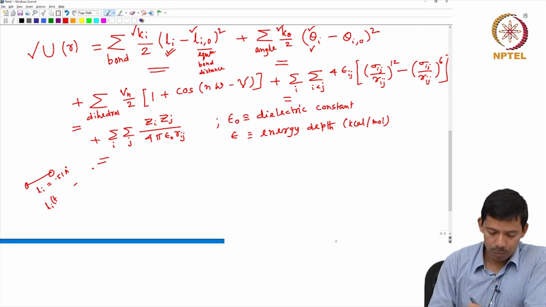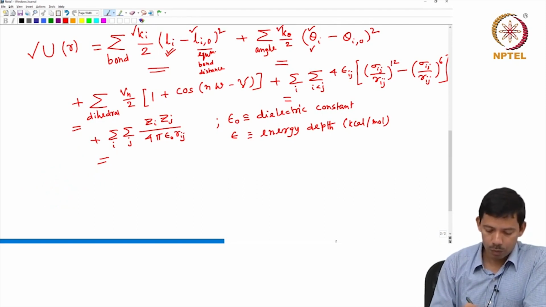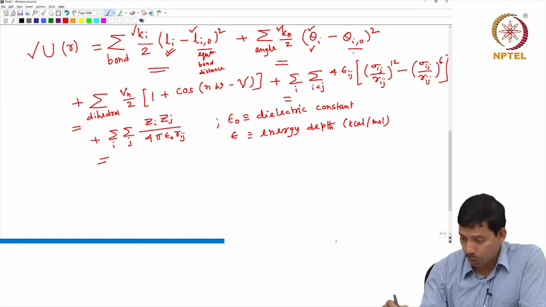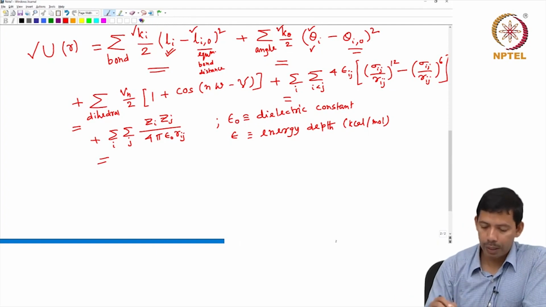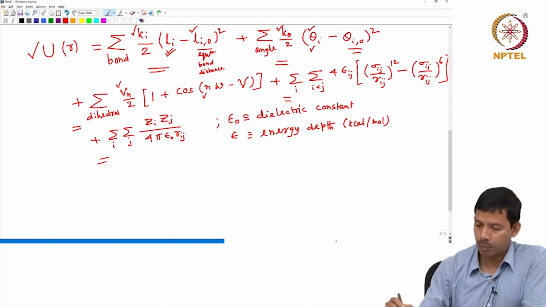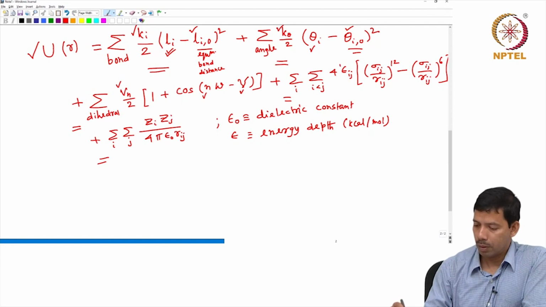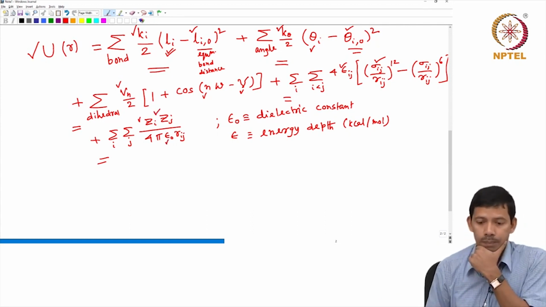But the other quantities like Ki, Li0, K theta, theta I0, Vn, n, gamma, omega, epsilon, sigma, zi, zj, and epsilon 0 are fixed quantities.